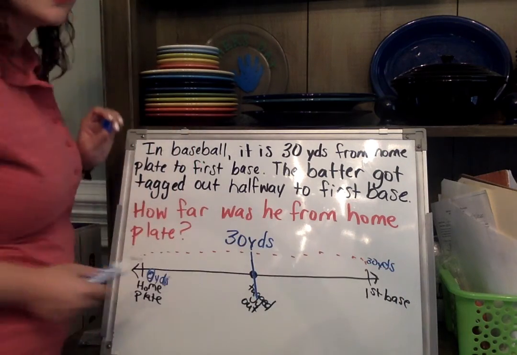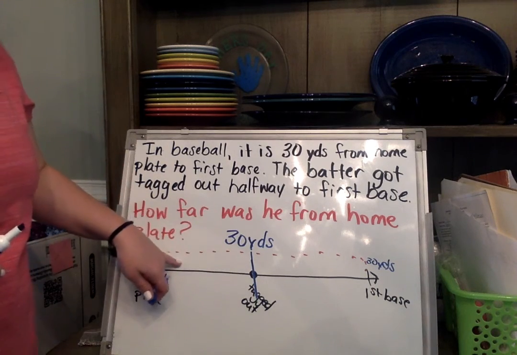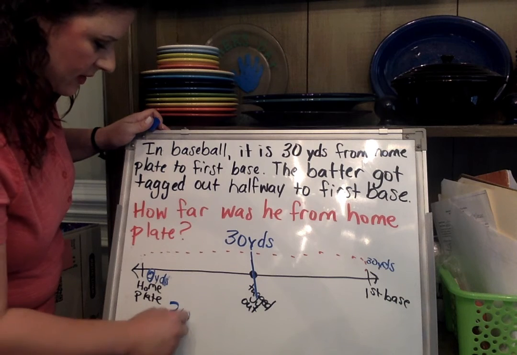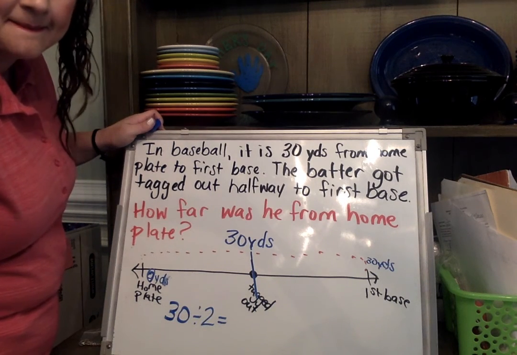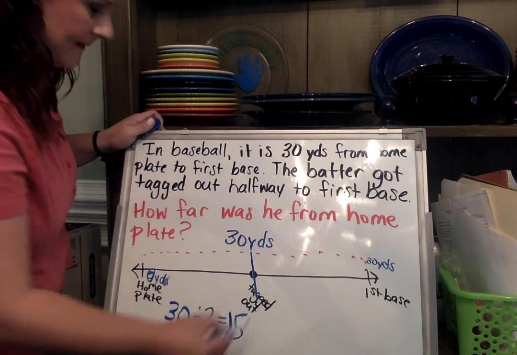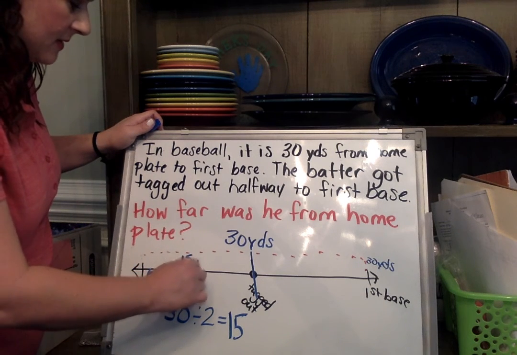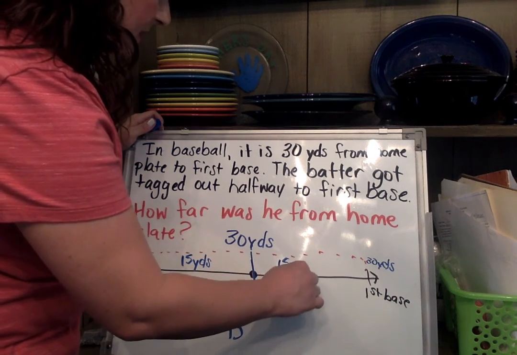As a whole, this is a 30-yard stretch. Halfway. What would this side have to be and this side? Well, I'm going to think about it like this equation. 30 divided by 2 is 15. So this piece is 15 yards. And this piece is 15 yards.